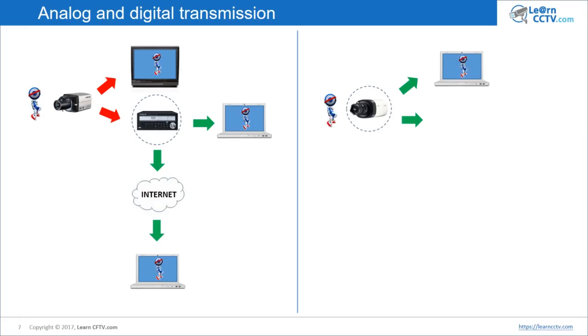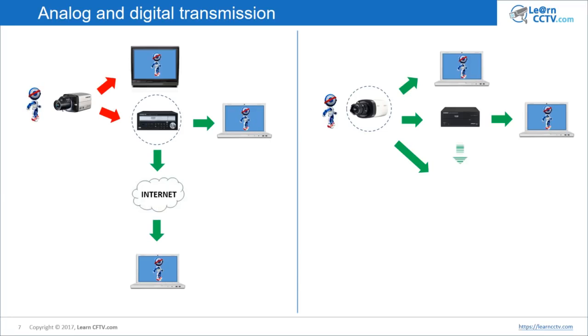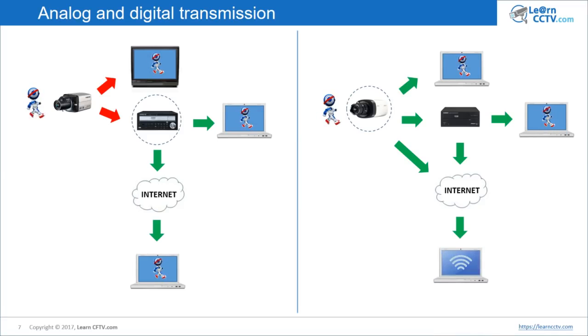And you can also send from the camera to an NVR, a network video recorder. And then you can send to your computer. It's the same concept with the internet. You can send directly from your camera or your NVR to the internet, and then you can send to your computer wherever you are located, right? So pretty easy, pretty simple.